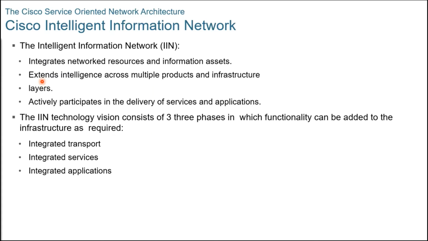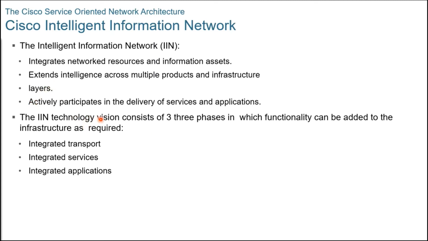The intelligence built into each component on the network is extended network-wide and applies end-to-end. Lastly, active participation of the network in the delivery of services and applications. With added intelligence, it is possible for the network to actively manage, monitor, and optimize services and applications delivery across the entire IT environment.